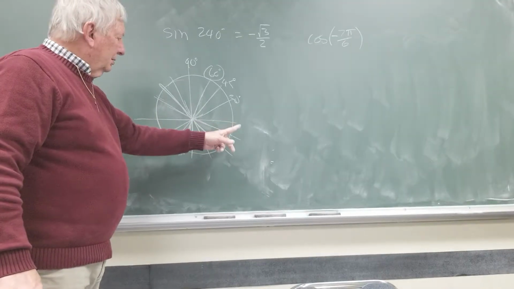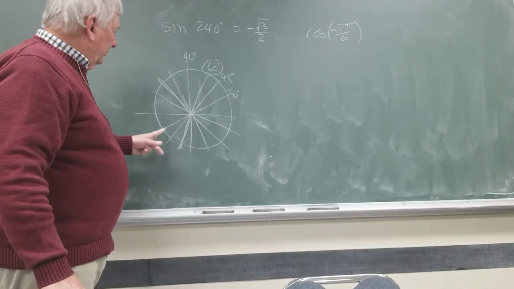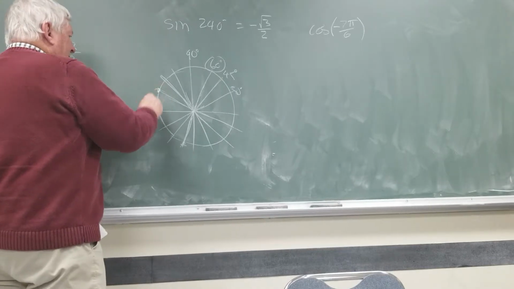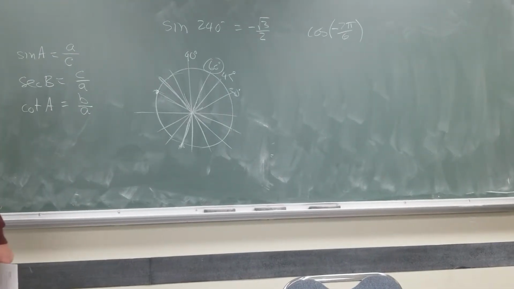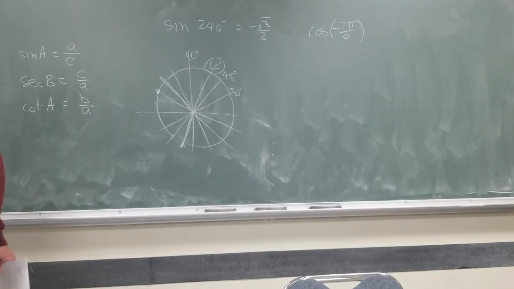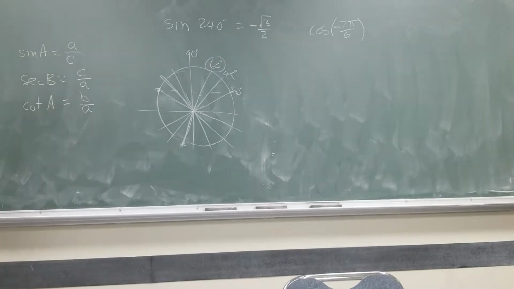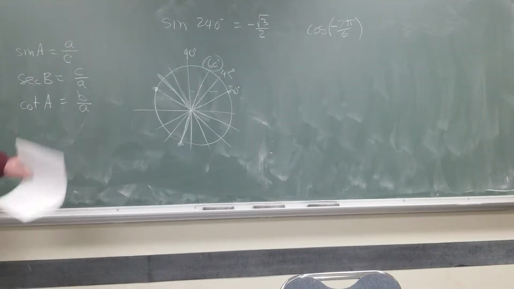Oh. 1, 2, 3, 4, 5, 6, 7. This is negative 7 pi over 6, which corresponds to a positive 150 degrees, which corresponds to 30 degrees. And we say, what is the cosine of 30 degrees? The cosine of 30 degrees is square root 3 over 2.